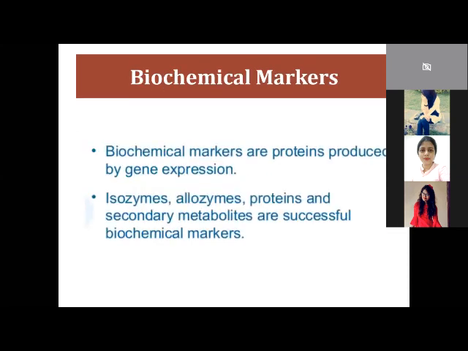Now come to the biochemical marker. Basically, for biochemical markers we use proteins, specifically protein variants. We study the protein variants which are the result of gene expression from different alleles of the same gene or from different genes. For example, there is enzyme A, which is coded by two alleles, allele A and allele B, of the same locus.